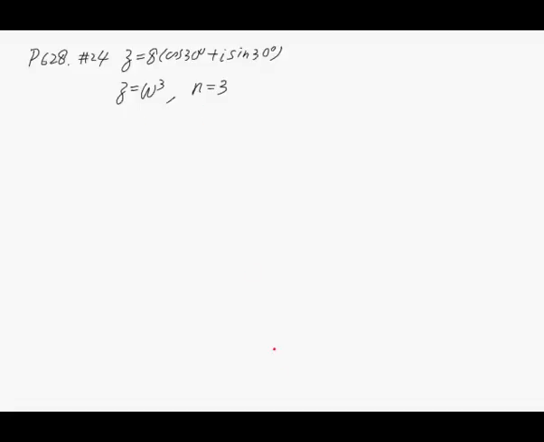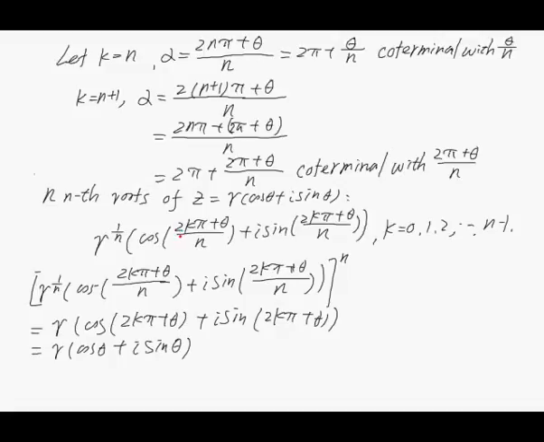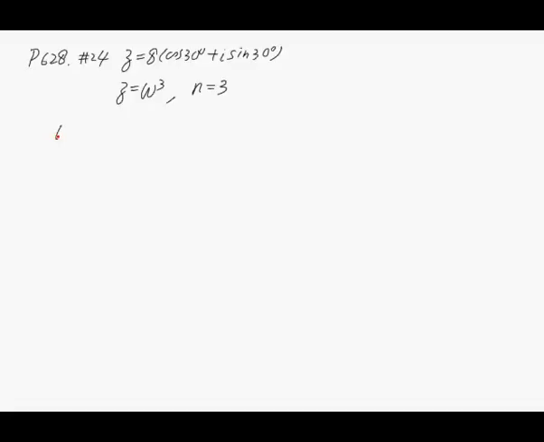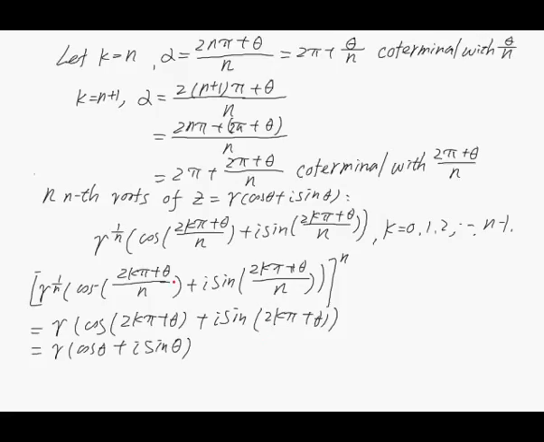So by the formula of the nth roots of this complex number, we know n here is equal to 3. So first we find the cube root of the modulus. So w should be equal to 8 raised to 1/3, right? And then times cosine of the 2k pi, or the k times 360 degrees, plus theta over 3, right?